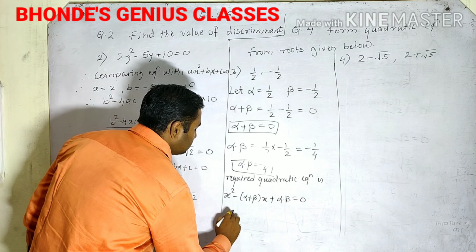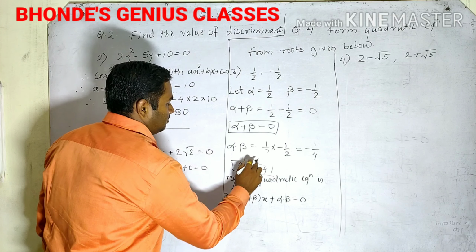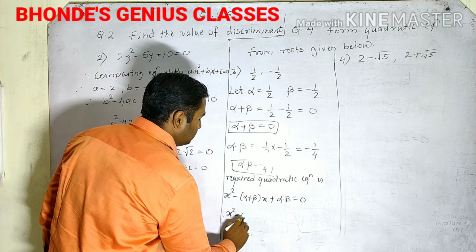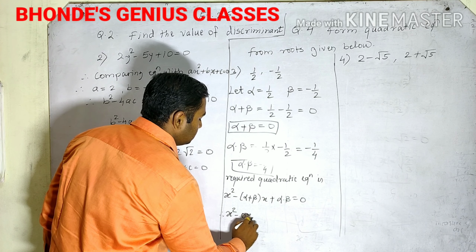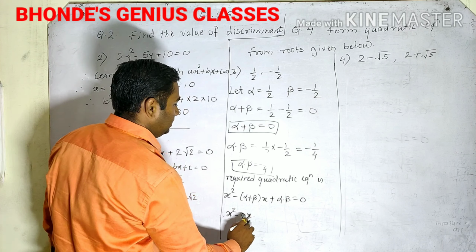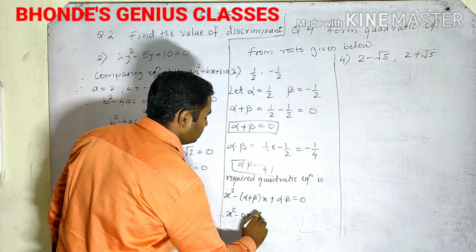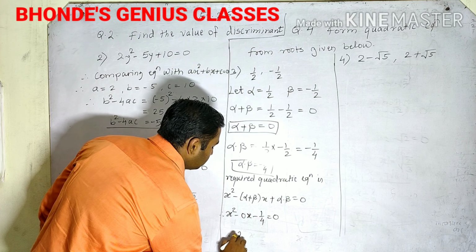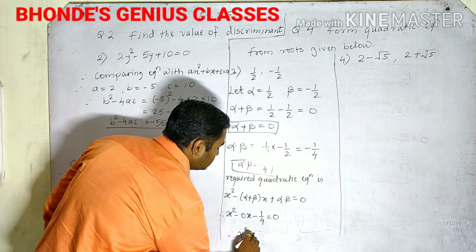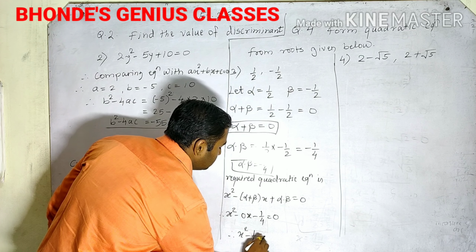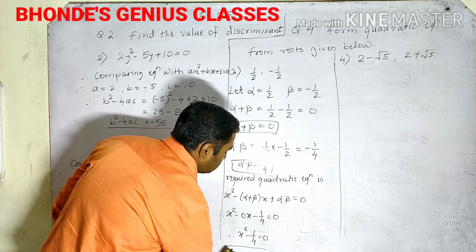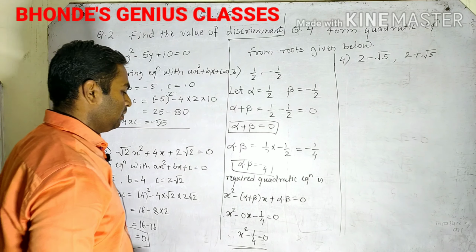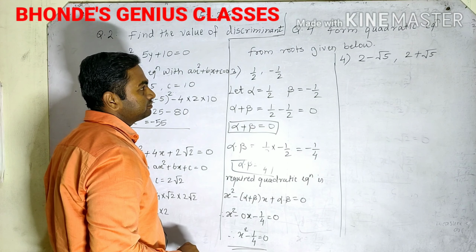So x square as it is, minus alpha plus beta becomes 0, so 0 x, and alpha into beta is minus 1 upon 4 is equal to 0. That is our quadratic equation, x square minus 1 upon 4 is equal to 0.